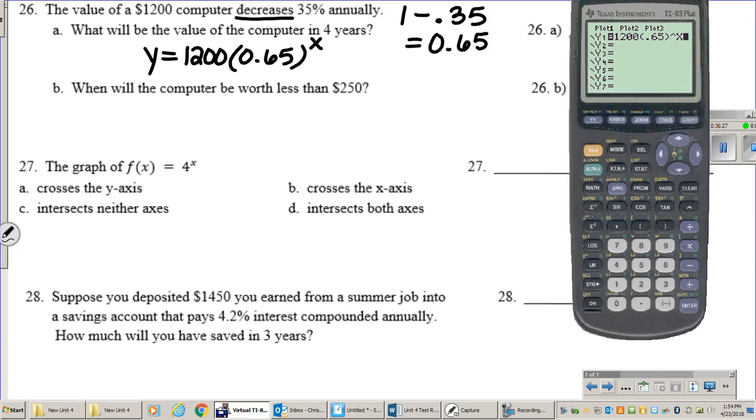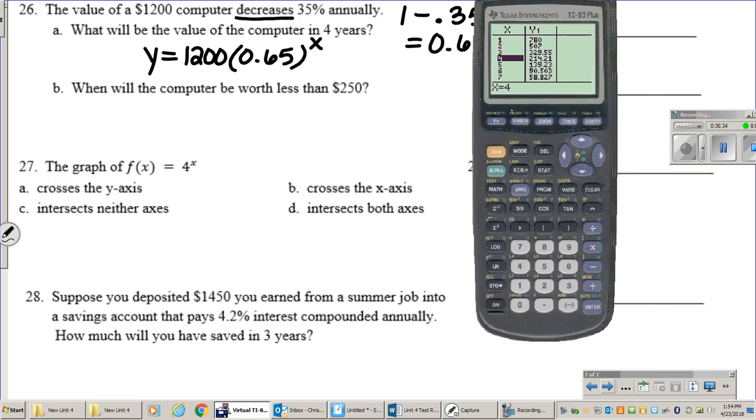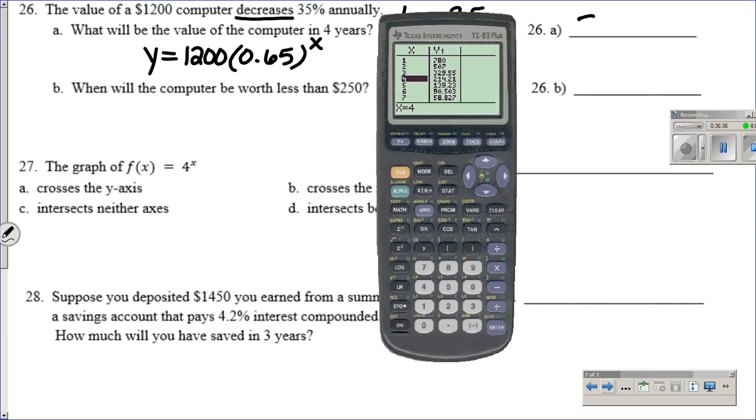Now we're going to take a look at the table of values. So we're going to look at 4 years. In 4 years, the computer is worth $214.21.